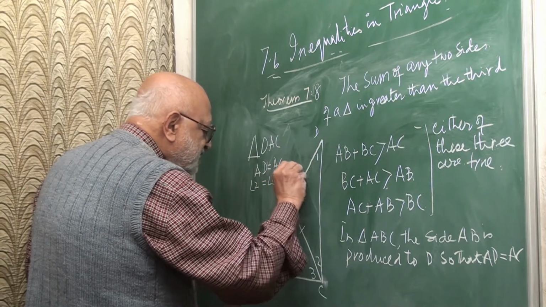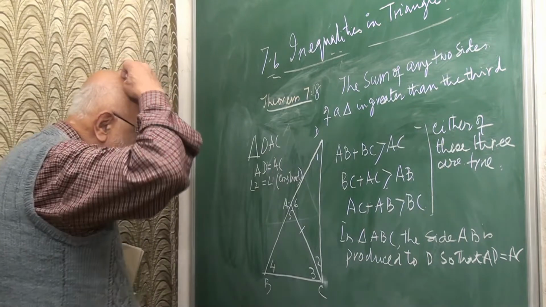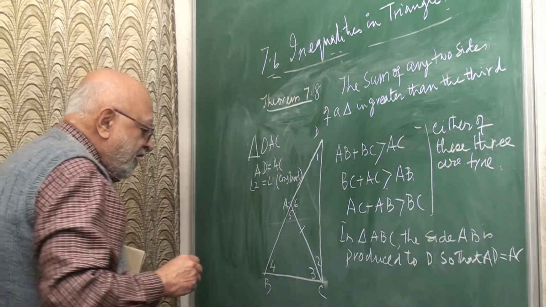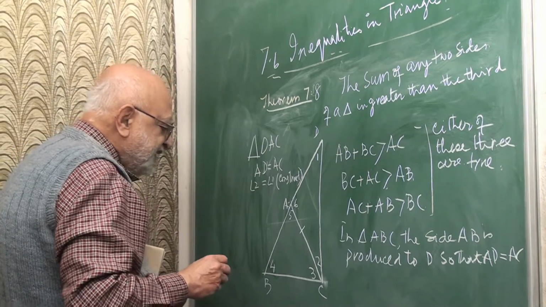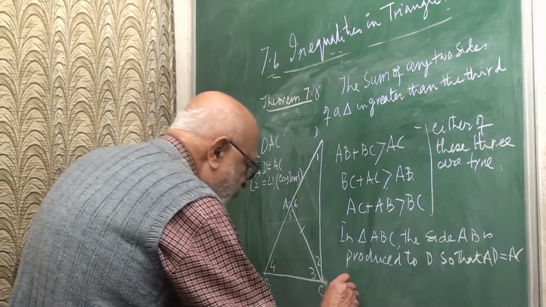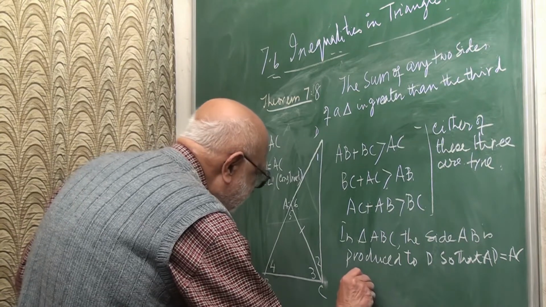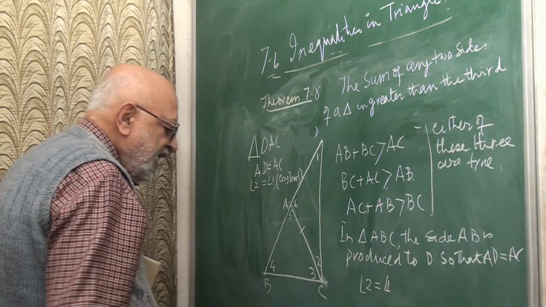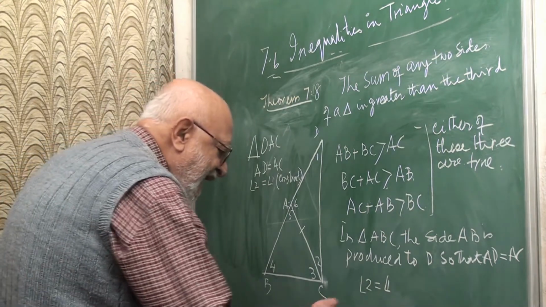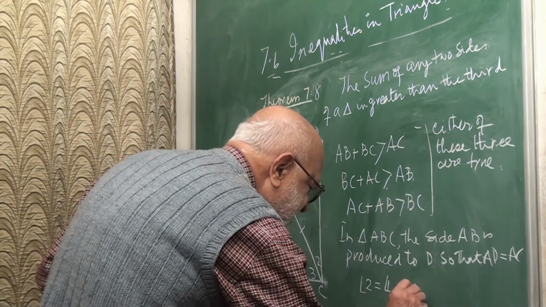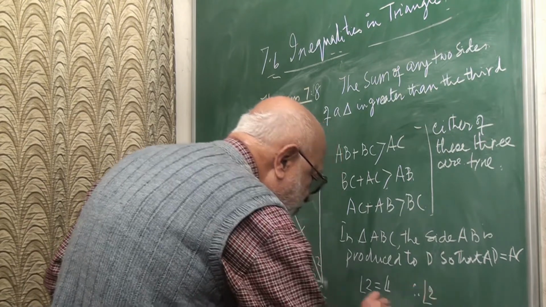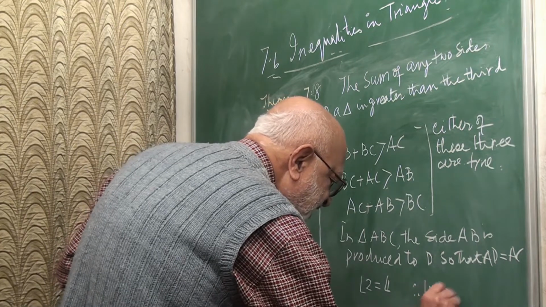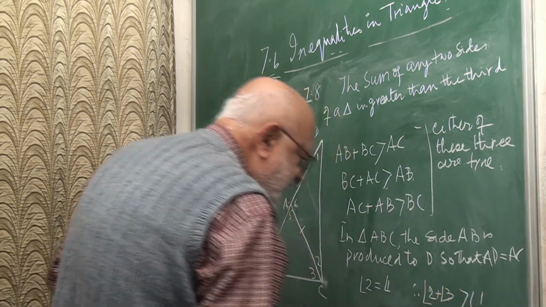Okay, by construction. I have not written the total, but I have written by construction. Now, since angle 1 is equal to angle 2, if I add something on the right hand side, angle 2 and then angle 3, that must be greater than angle 1.